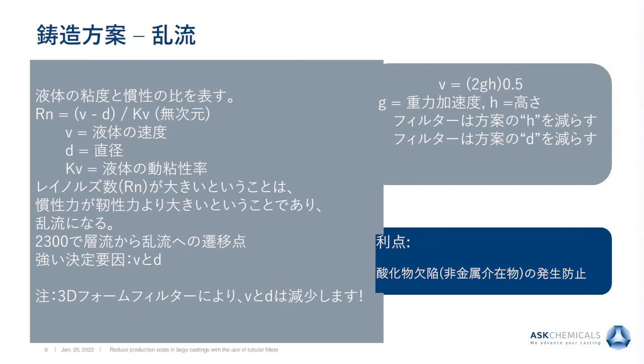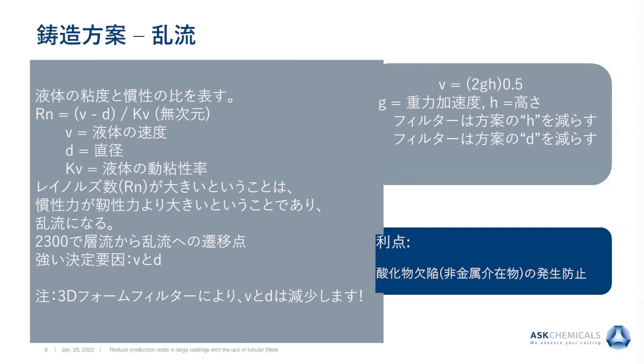Why filters work, you can see it here on the pictures, and we speak about the Reynolds number. This describes the ratio of the inertia of the liquid to the viscosity of the liquid. It is dimensionless, but different investigations found that the transition point from a laminar to a turbulent stream is at this number, 2300.